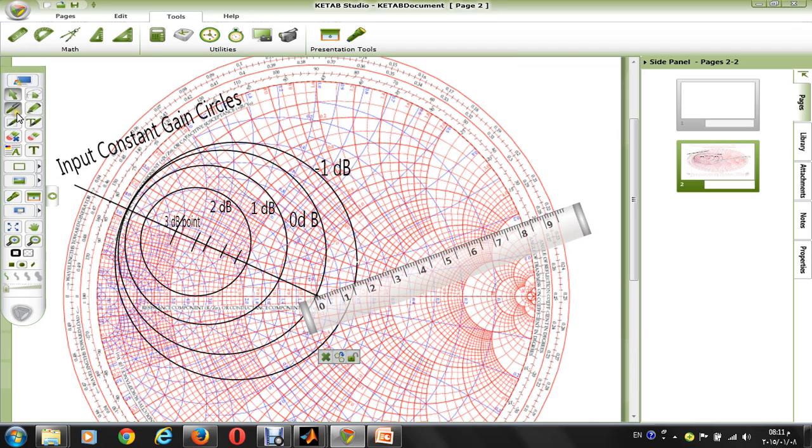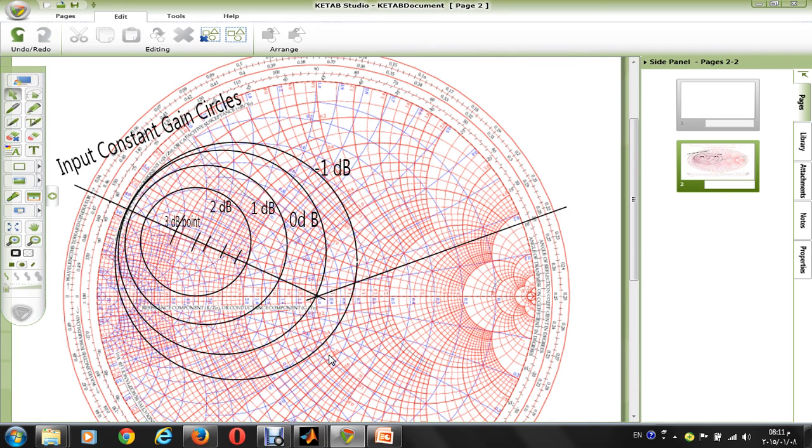Okay. I take the pen another time and draw a line intersecting the origin. Oh, what happened? Edit. Undo. Okay. I don't need the ruler anymore.